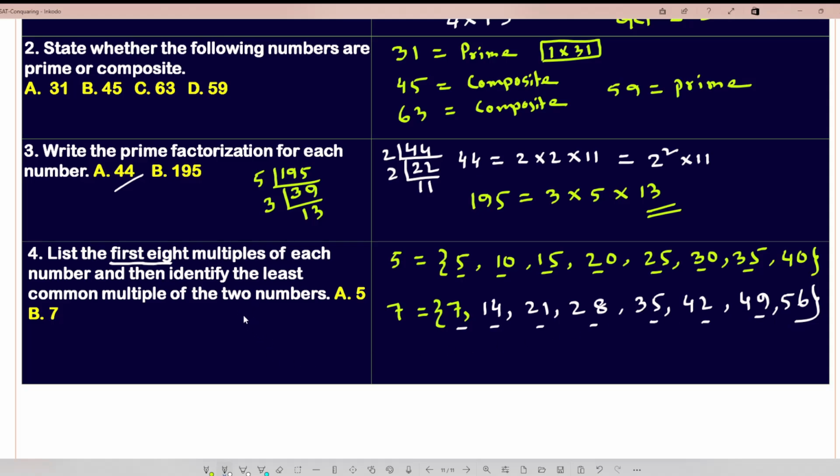So our next part is the least common multiple of the two numbers. So the least common multiple, LCM, is 35, right? It is 35. So this is our answer.